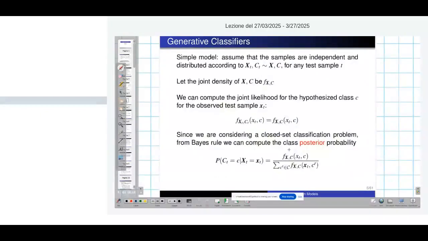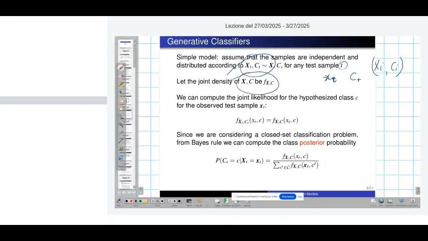In any case, the idea here is that we can build a model that describes the relationship between features and classes by building a joint model that describes the distribution of samples and corresponding classes. For each sample t, we have a feature vector xt and a class ct, or in general, if it's in our dataset, xi, ci.